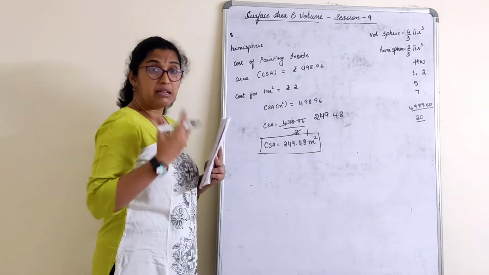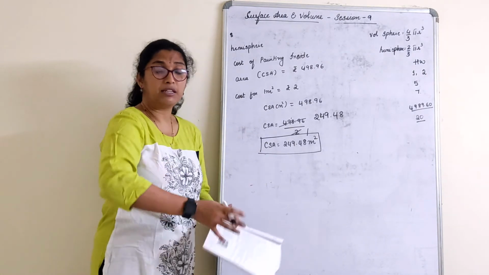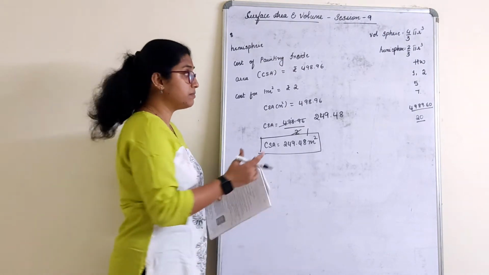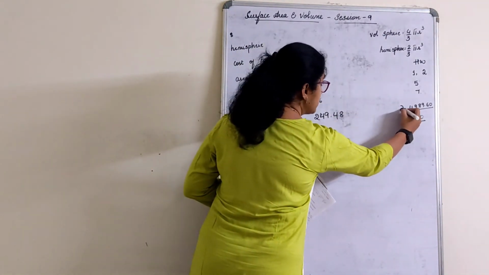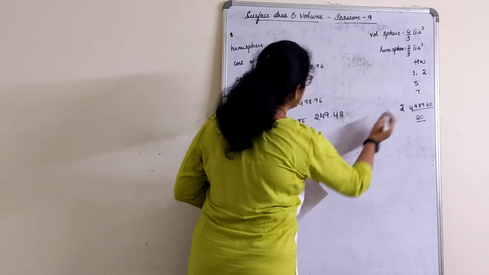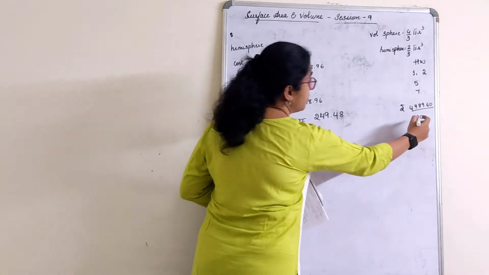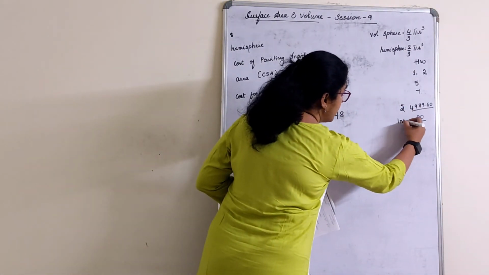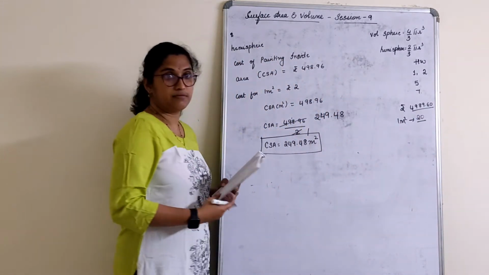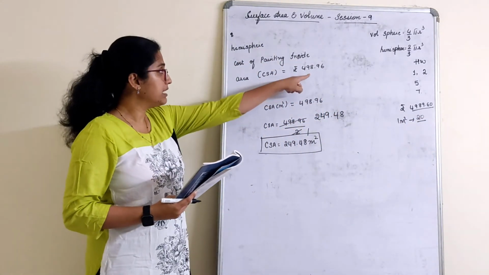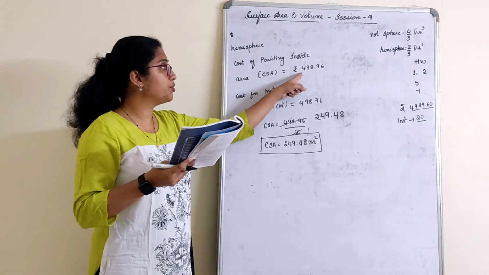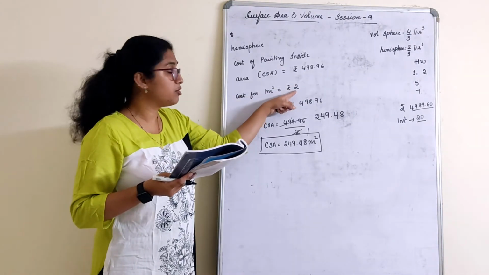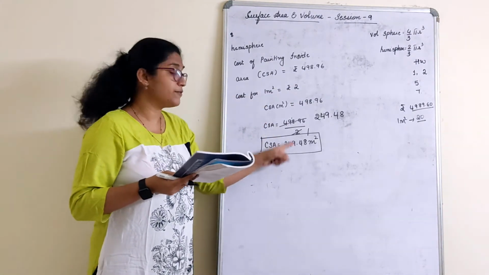But some other textbook, might be the newer version or something like that, the cost is given as 4989.60, and for 1 meter square the charge is 20 rupees. Okay, got my point? Now I have done this according to my book, rupees 498.96 and rupees 2. It's given in my book, so I have solved accordingly.